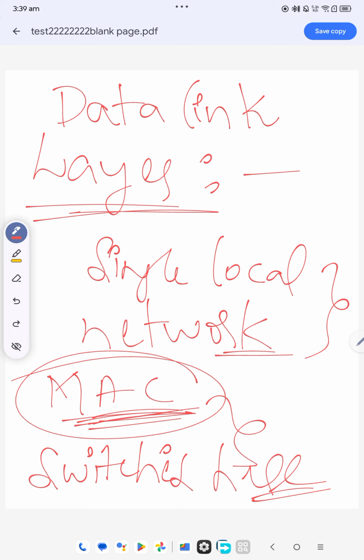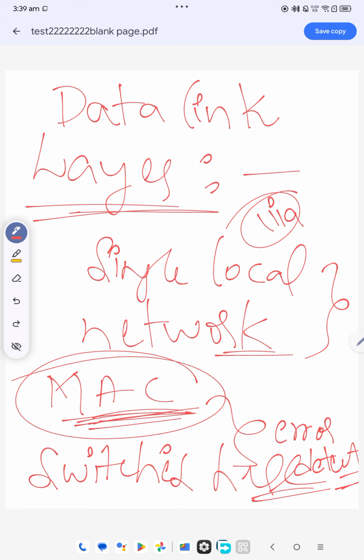A switch belongs to the MAC address and a router belongs to the IP address. And what is done here? Error detection is done, not error correction. Only error detection is done.